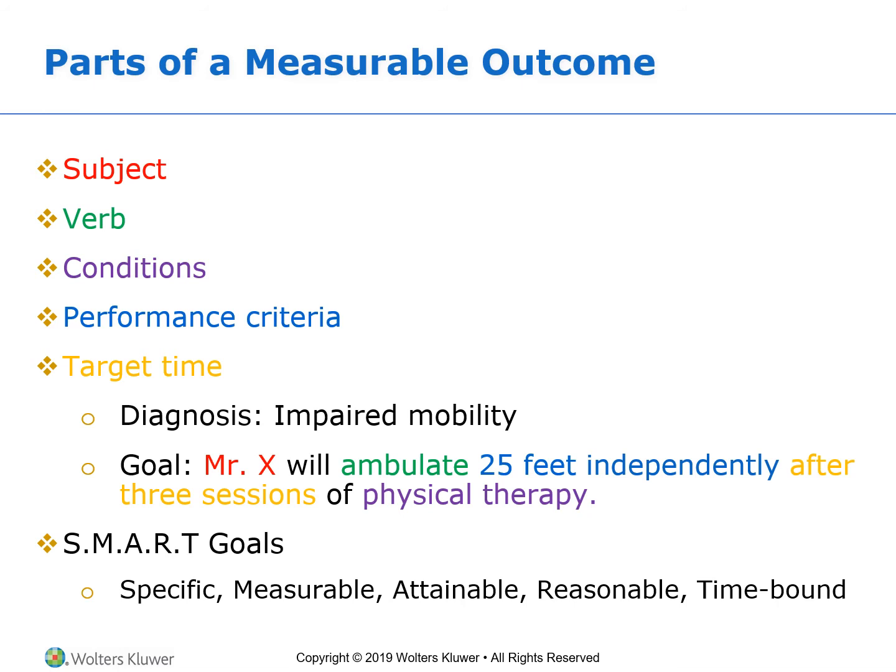Not every outcome specifies conditions. The performance criteria, which is the expected patient behavior or other manifestation described in observable, measurable terms. The target time, which is when the patient is expected to be able to achieve the outcome. That might be a realistic date, an actual date, or some other statement indicating time, like before discharge or after viewing the film or whenever observed.